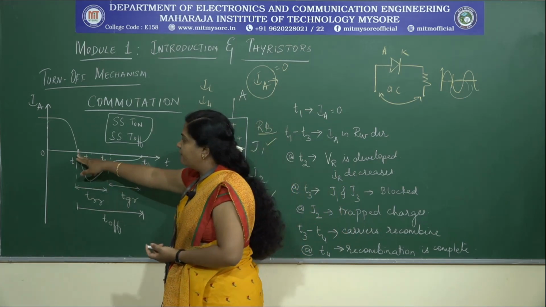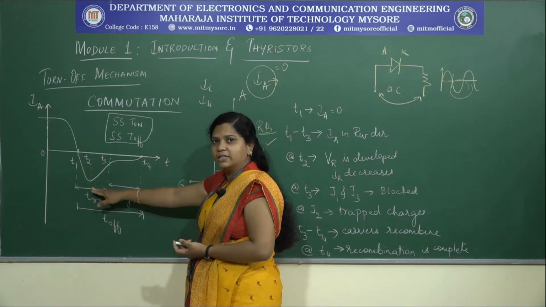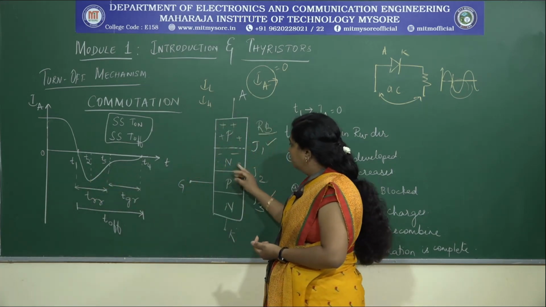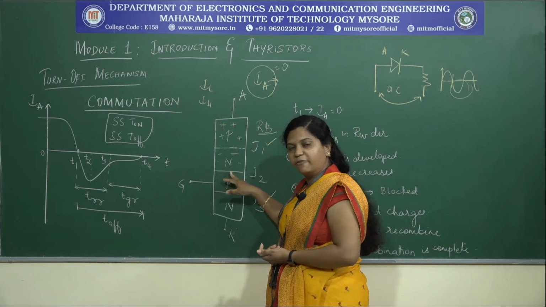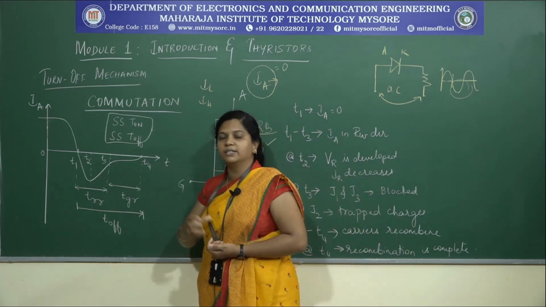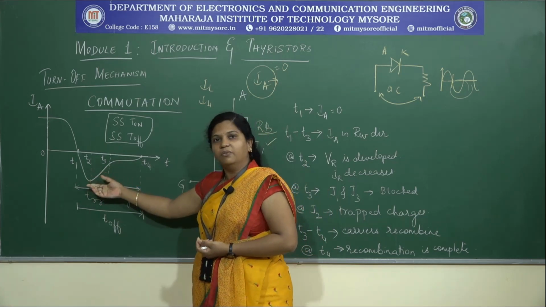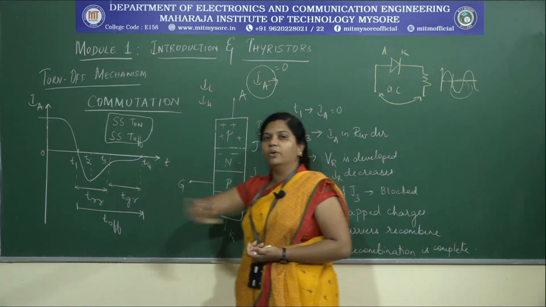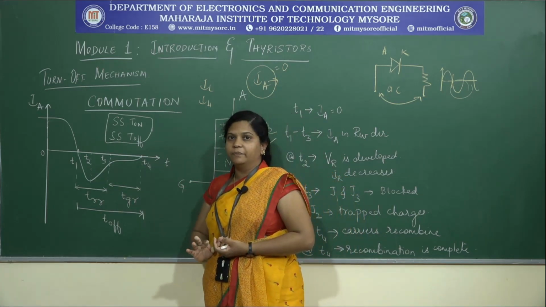Okay. So, till where does it flow? Till some voltage is developed, and what will happen? Once all the electrons and holes have been paired here, now J2 is ready to break. The bonds are ready to break down. And what happens? Whatever free electrons and holes are there will go and recombine. Okay.